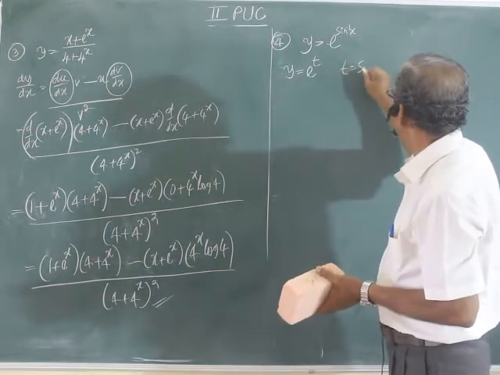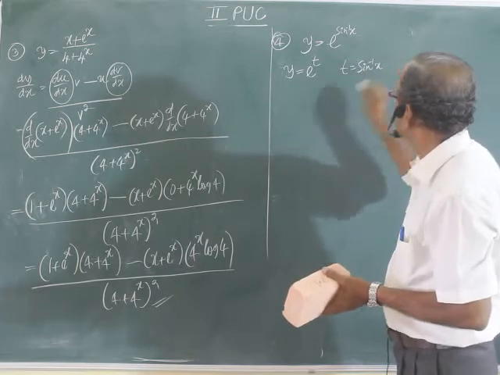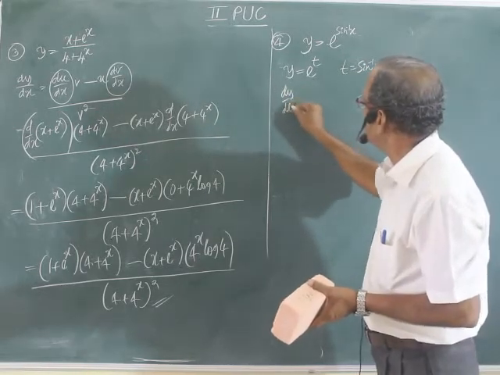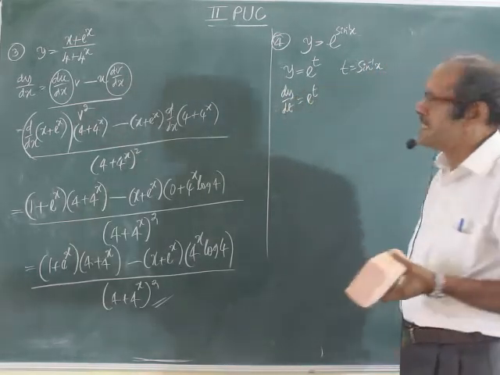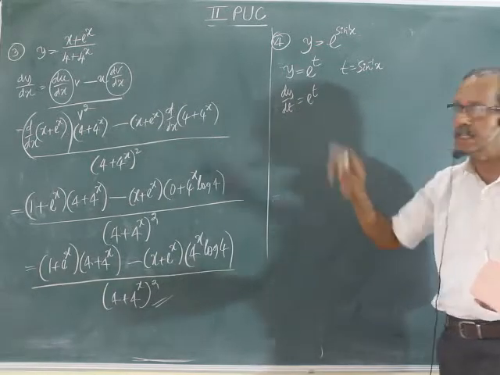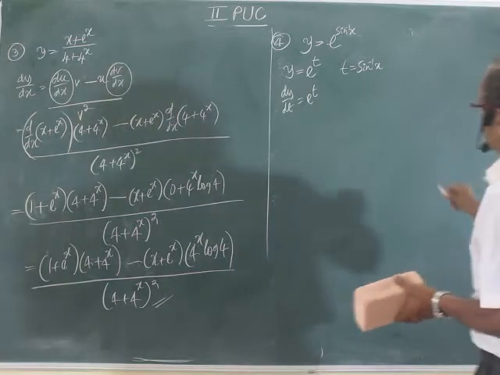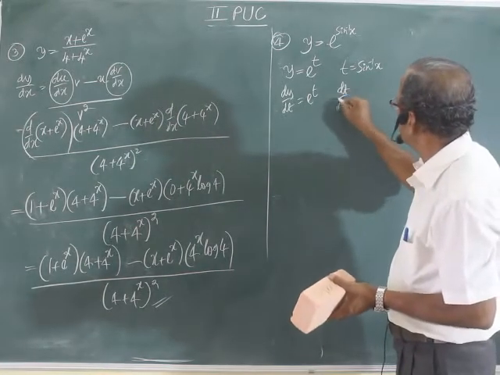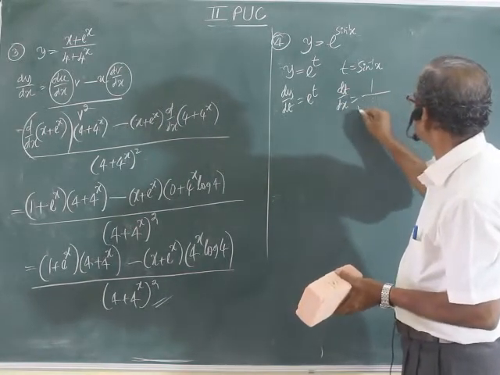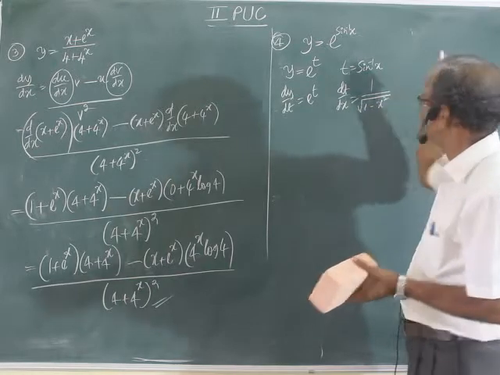T equal to sin inverse x. Dy by dt, e to the power t itself, because you are differentiating with respect to t. Dt by dx, 1 by square root of 1 minus x square.